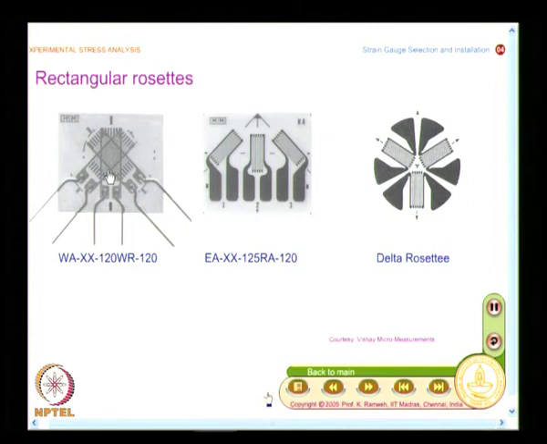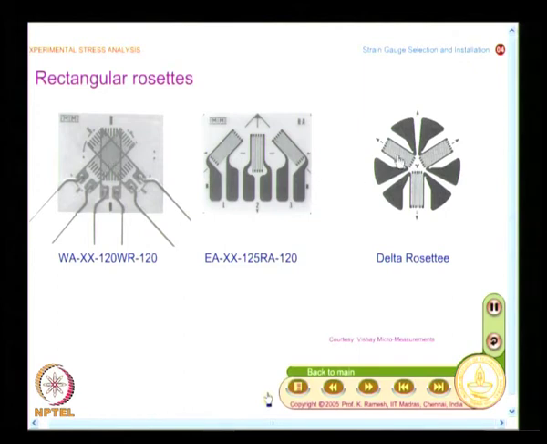And you have the same rectangular rosette in the conventional form here. This rectangular rosette is expected to measure strain at this point where these 3 strain gauges meet. On the other hand, this is good from an analytical thinking point of view, but there is a practical difficulty. It is going to generate a lot of heat, and particularly in bending applications this is not recommended.